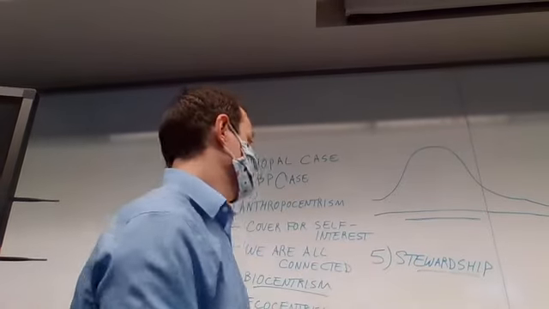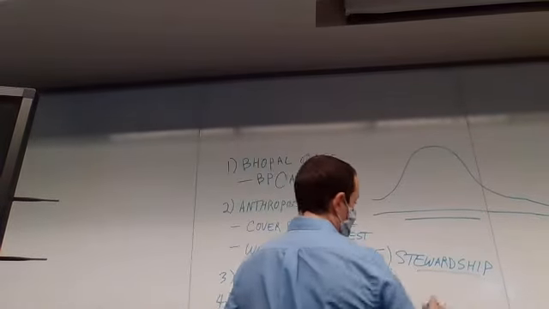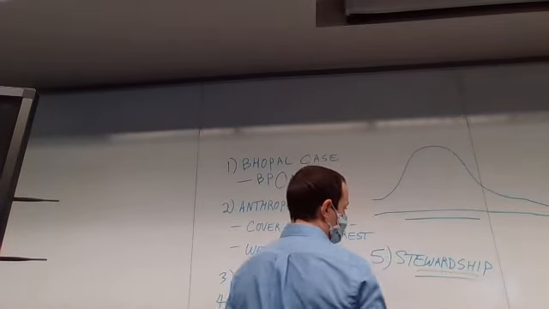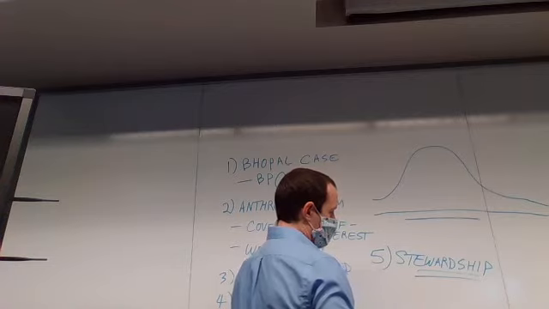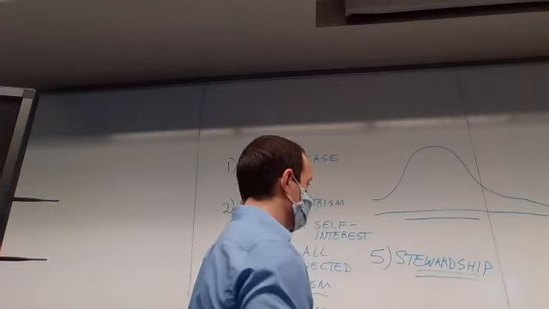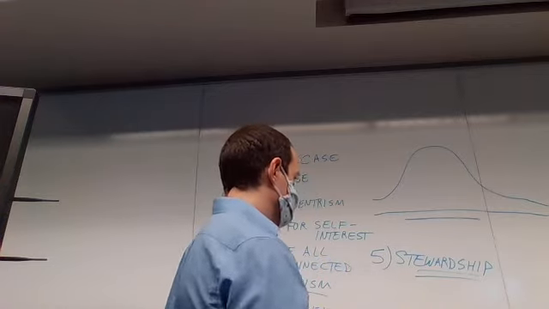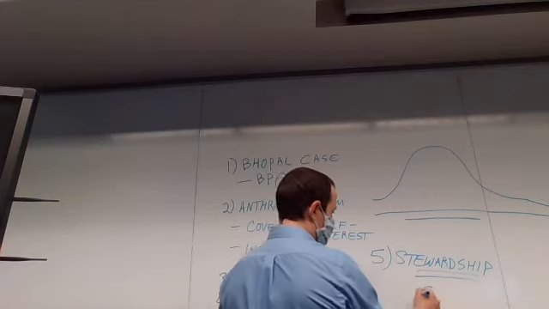Okay, and I've talked about this in class before, but this is basically the way I personally conceive of what God has done in giving us dominion or mandates over the world.